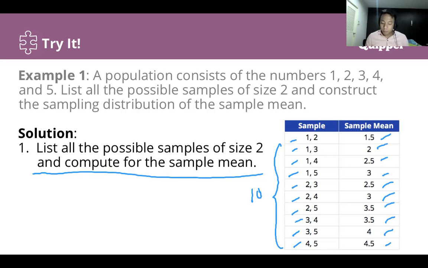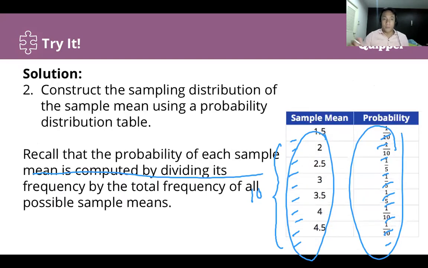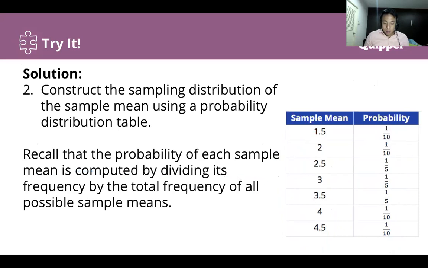Okay, so we already found the 10 pairs and the sample mean of each pair. And then, to find the probability, okay, kailangan natin bilangin kung ilan yung 1.5, ilan yung mga numbers na nakalagay doon.